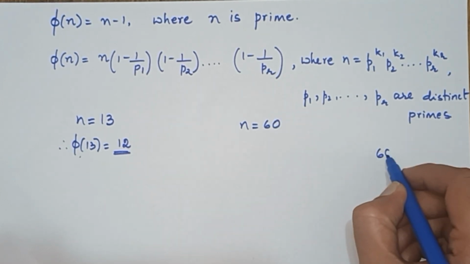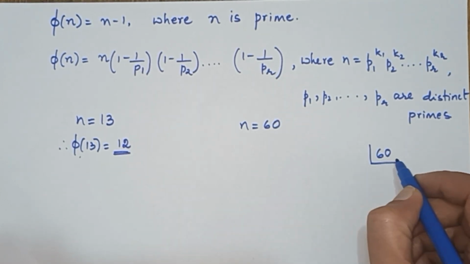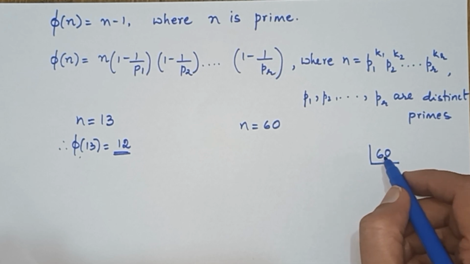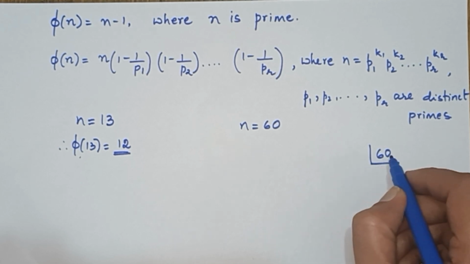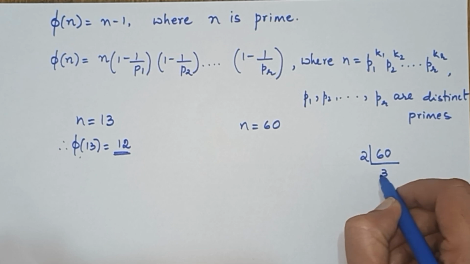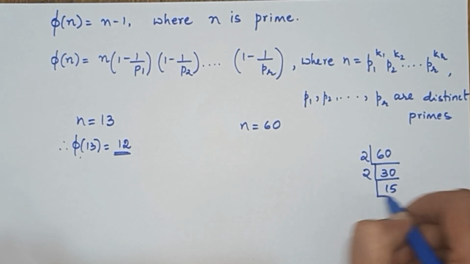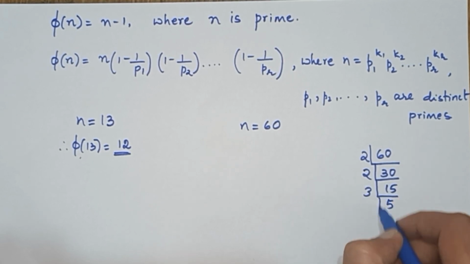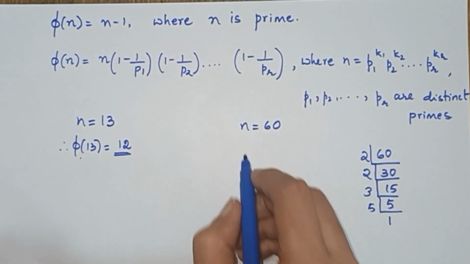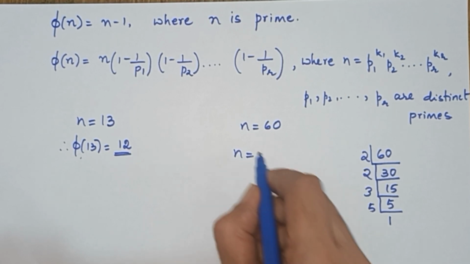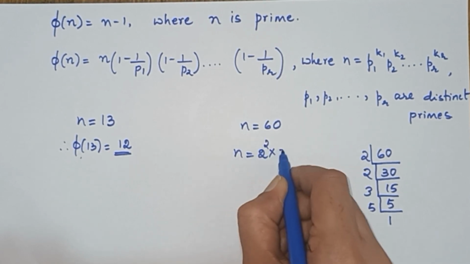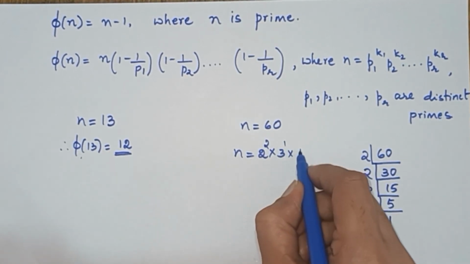Therefore, you have to express 60 as a product of primes. Get the prime factorization of 60: 2 into 30, then 2 into 15, then 3 into 5, then 5 into 1. Therefore, n can be written as 2 to the power 2 into 3 to the power 1 into 5 to the power 1.